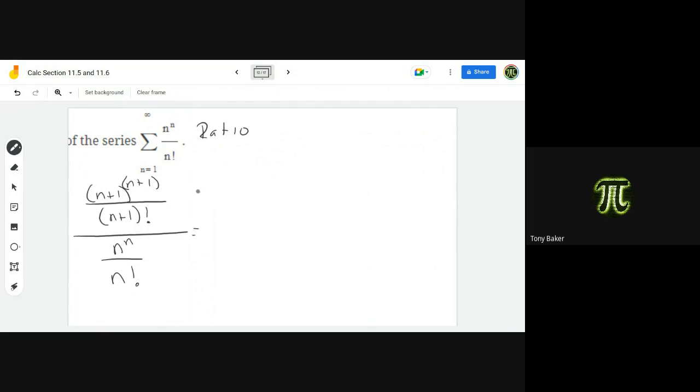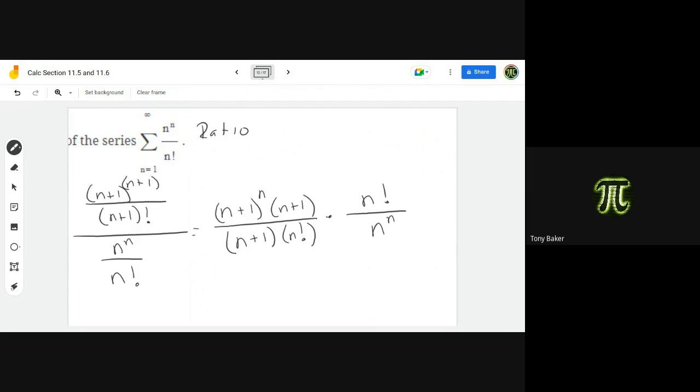So we have (n plus 1) to the n times (n plus 1), over (n plus 1), times n factorial, times n factorial over n to the n.